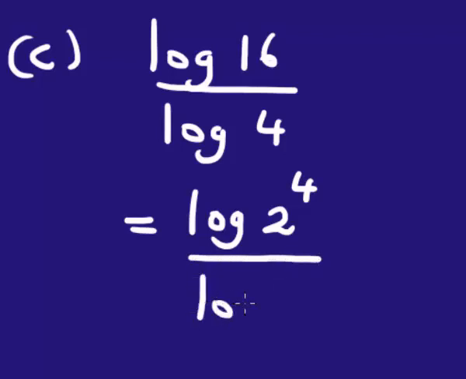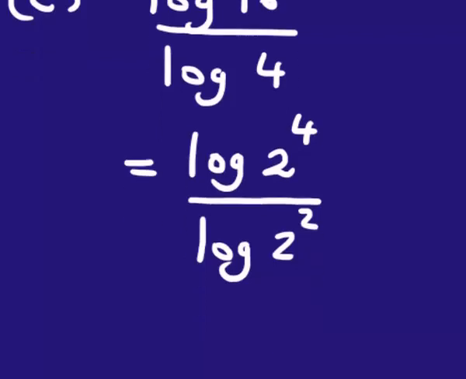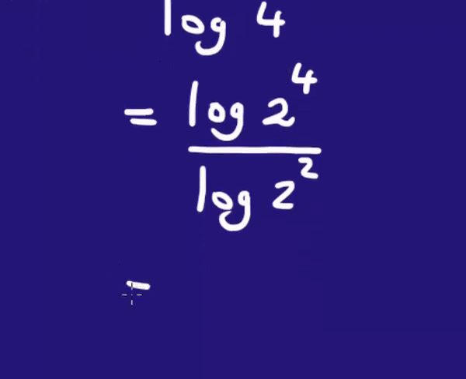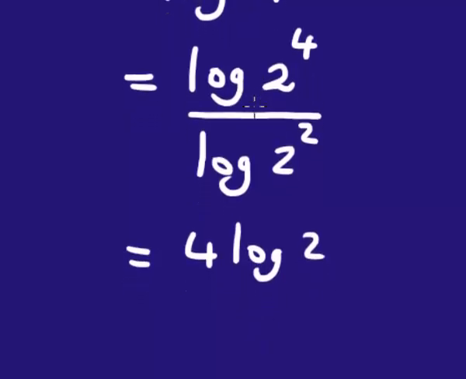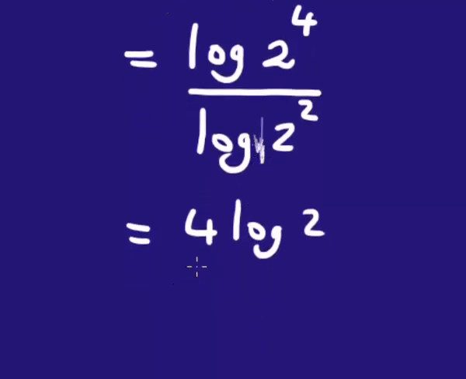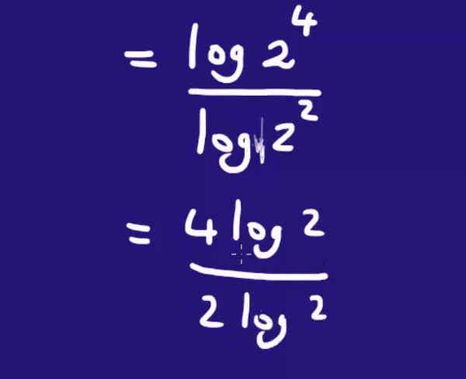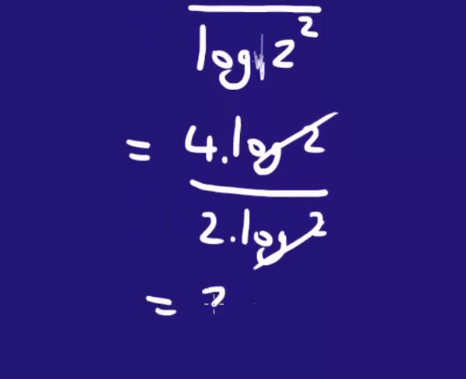The log of 4 is log 2 squared. Then all we need to do is bring down the 4, using the third law: 4 log 2, remember the base here is 10, the common logarithm, divided by 2 log 2. What's nice is those cancel, and 4 over 2 is 2.